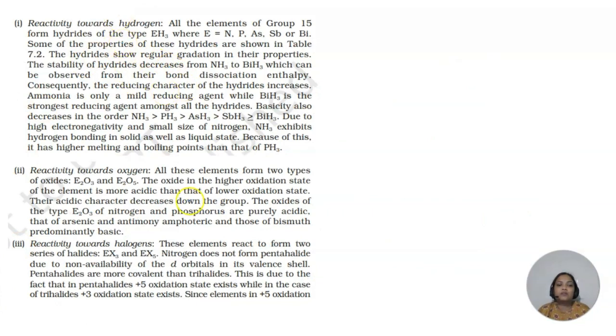So if I am talking about their reactivity towards hydrogen, they will form hydrides of type EH3. Now here you should know about the basicity. The stability of hydrides decreases from NH3 to BiH3. Now why does this stability decrease?